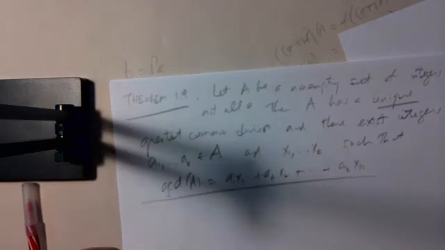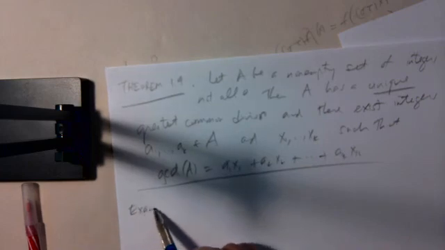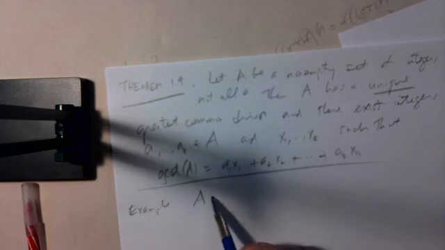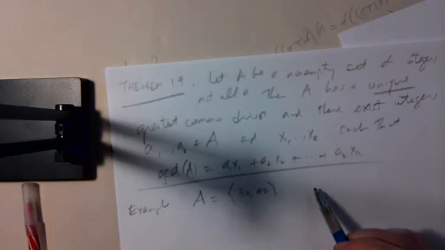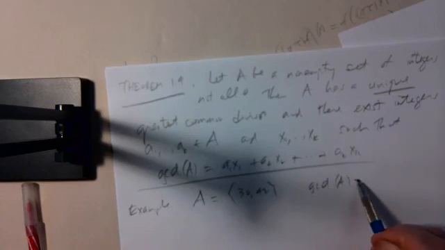So this says that the greatest common divisor of a set of integers is a linear combination of integers in the set. And we just saw an example of that. Suppose we let A be equal to the set of numbers 30 and 42. Then the GCD of A, the greatest common divisor, is 6.